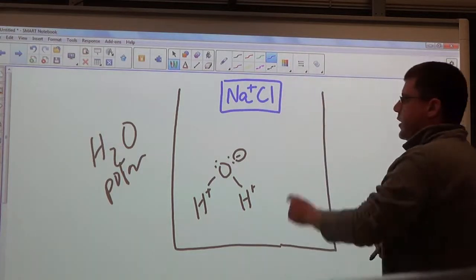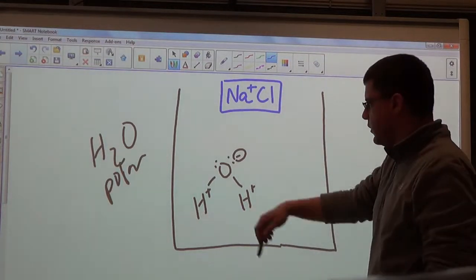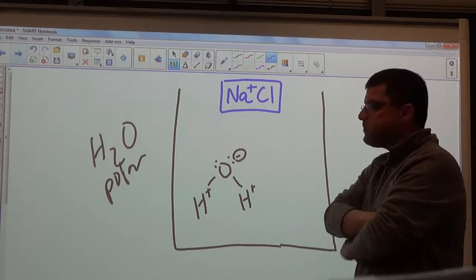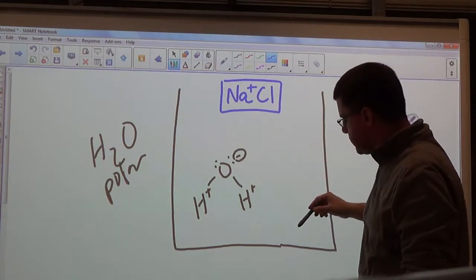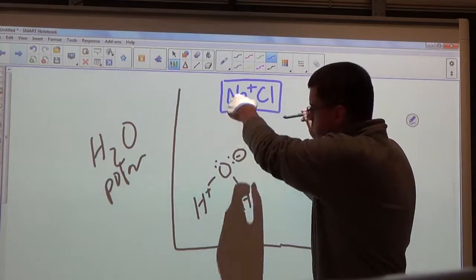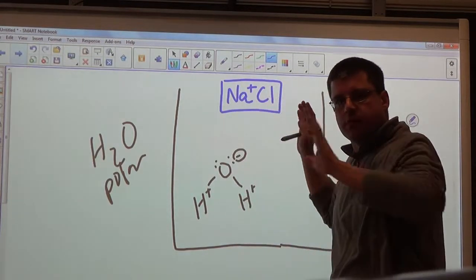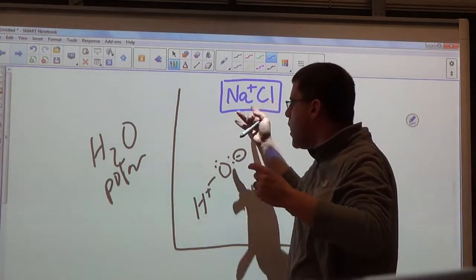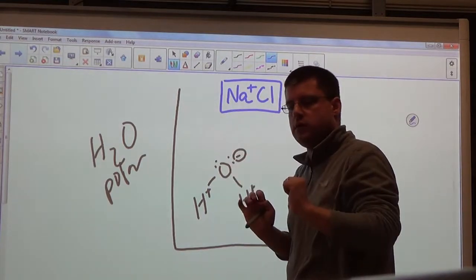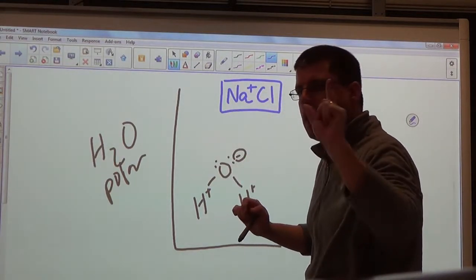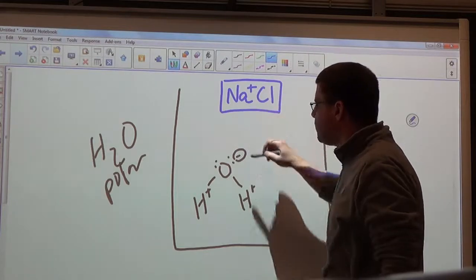So salt comes in, salt's sitting above the water, and there's a gazillion of these in here. And when we drop it in, this is not realistic, but one compound of salt, just one, not 10 to the 24th, comes in here.